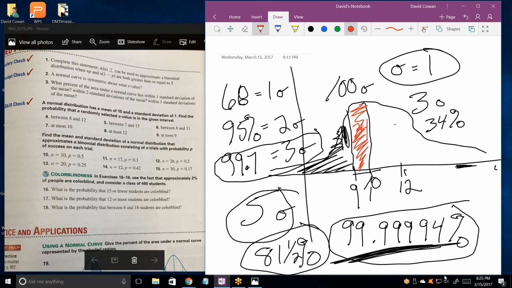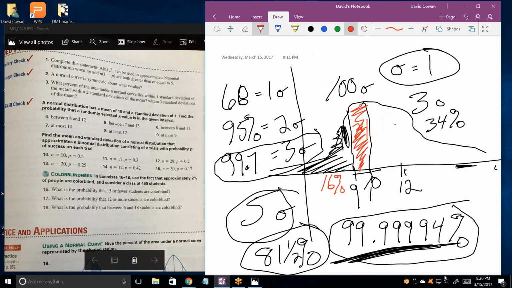Remember, the whole area to the left of my mean is 50%. So 50 minus 34 is 16%. There's a 16% chance that a number we pick will be at most 9.